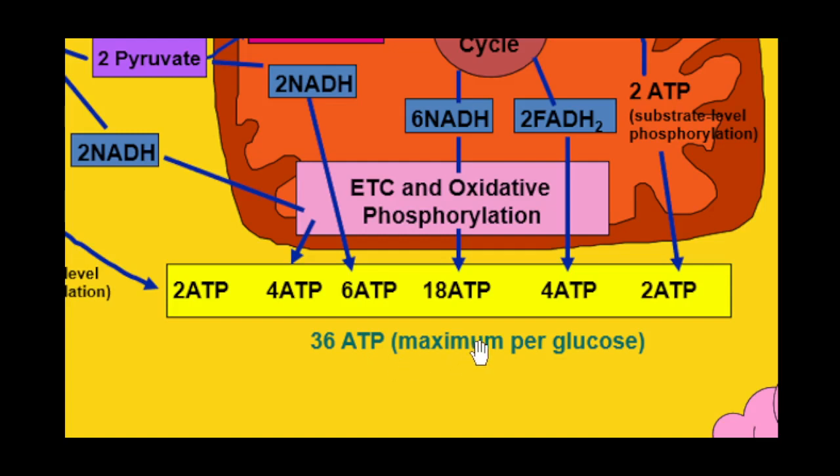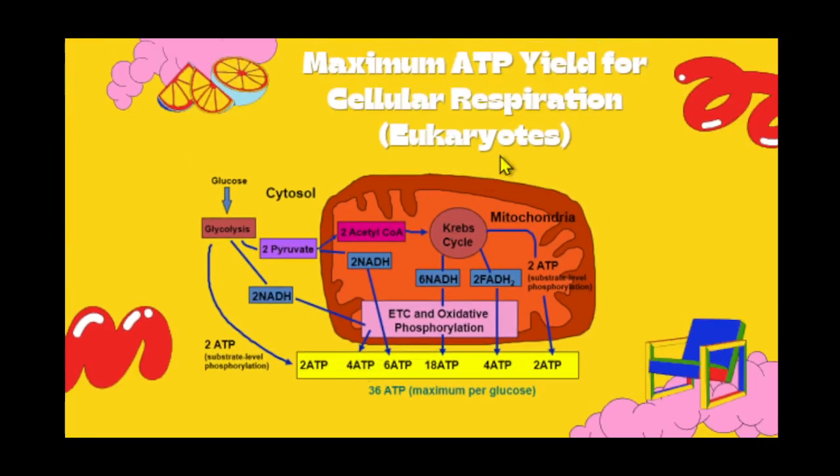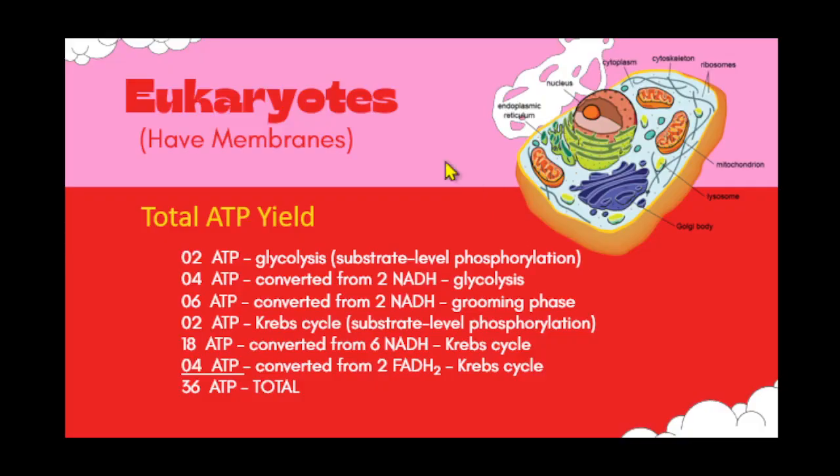So one glucose molecule creates about 36 ATP for eukaryotes. Okay, let's look at the total yield over here where we add all the ATPs. So that's 36, right?